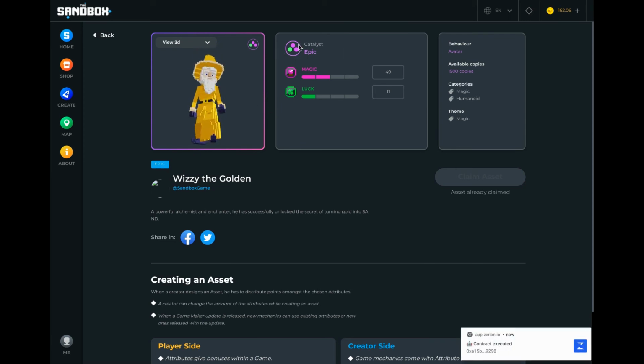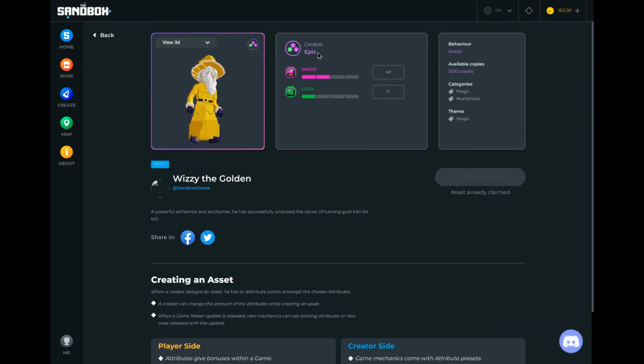He is an epic character, so he's got 2 magic units, which gives him magic of 49, and he has 1 luck. Every epic NFT on the Sandbox has 3 units, which can be spread around in different ways depending on exactly what kind of NFT it is. But he's a magic sort of guy, because he's a mage.